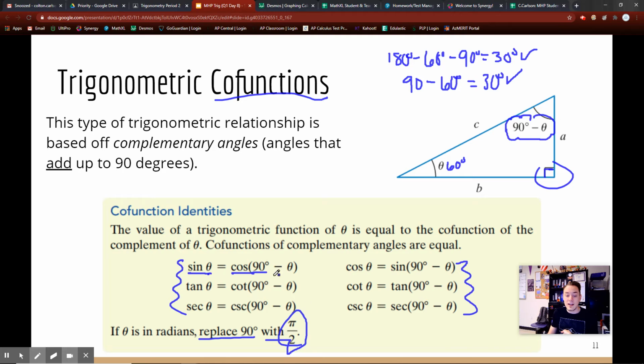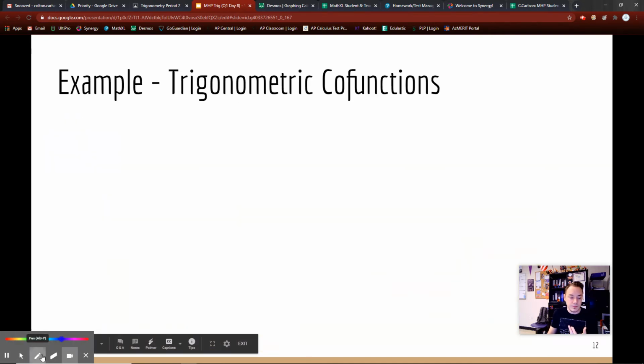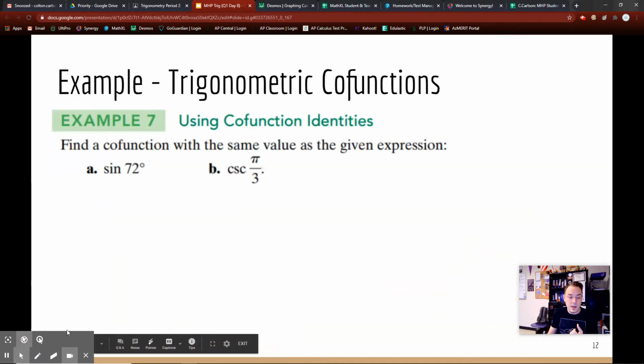Okay, these are actually not too bad of formulas. They're a lot easier, I think, to work with because you're not really solving anything. You're just finding co-functions, complementary angles with what you're given. So what does that mean? Let's find out. I'm given sine of 72.